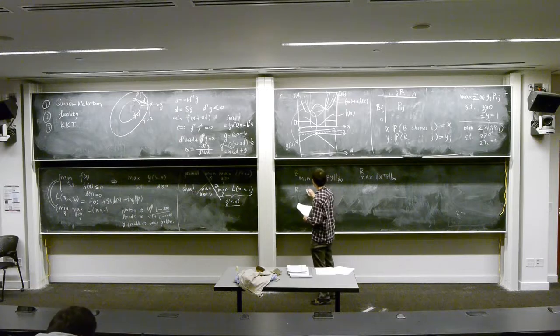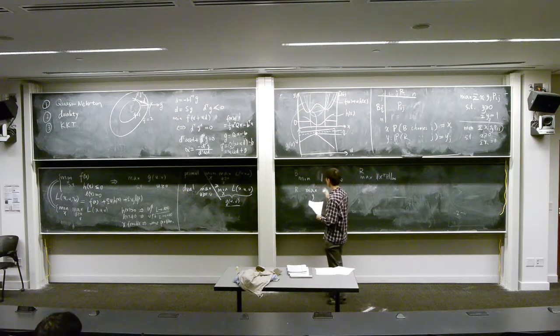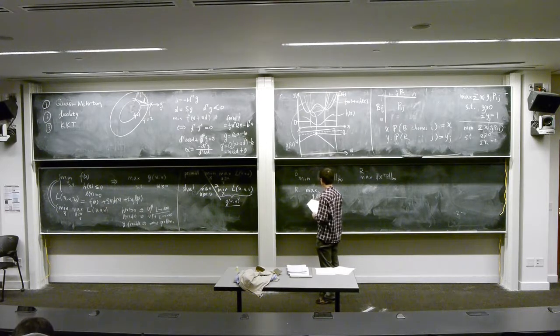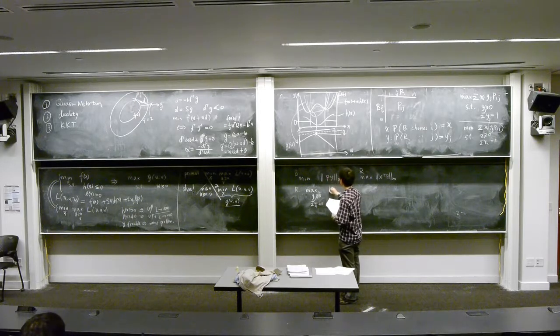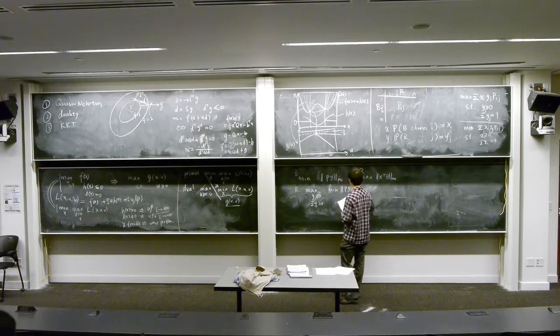That is the optimization over y, where y is a probability distribution. That means y_j is greater than or equal to 0, the sum of y_j is 1. And then I want to minimize the infinity norm of Py.